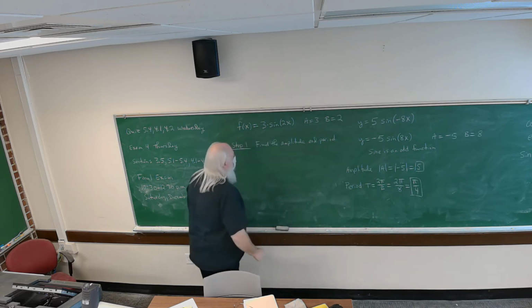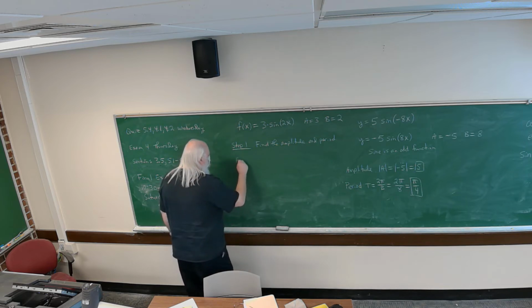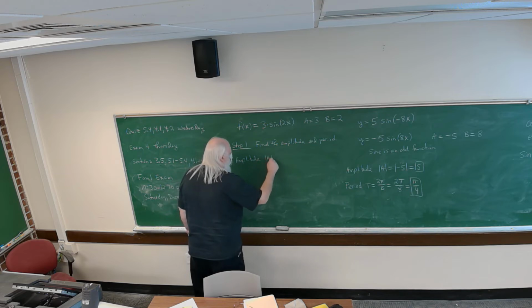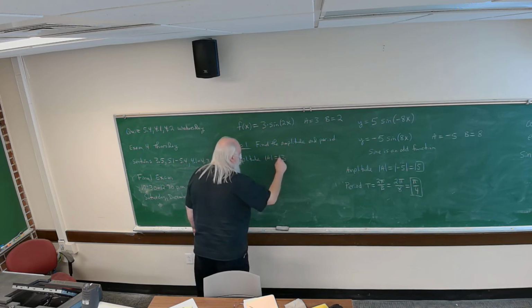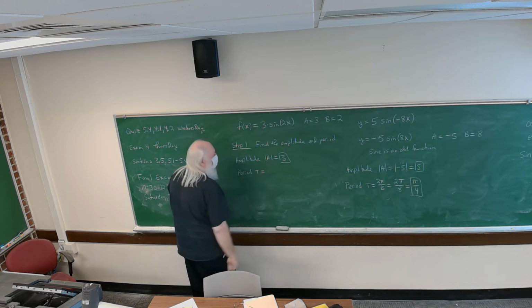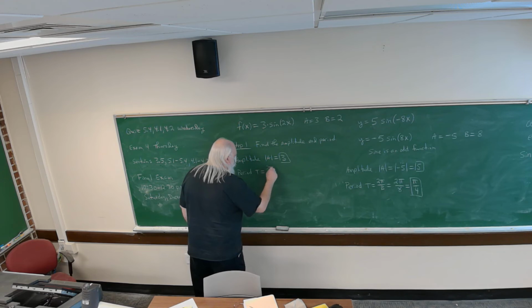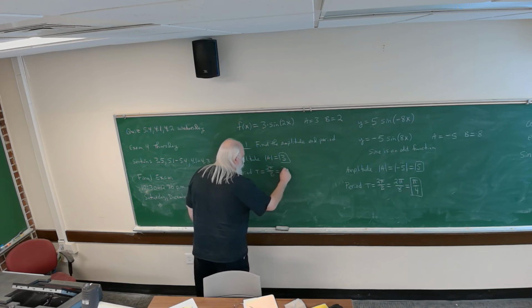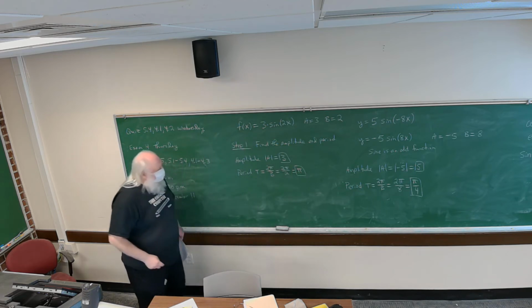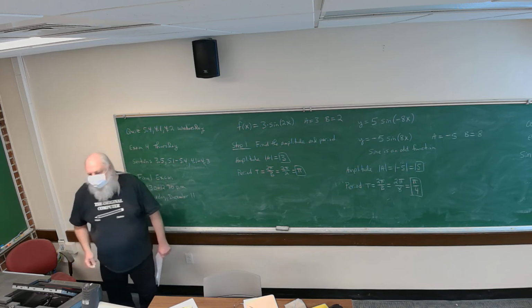Well, the amplitude is the absolute value of A, which is 3. And the period, how often the graph repeats itself, or the length of one cycle, is equal to 2 pi over B. And B is equal to 2. So one period or one cycle has length pi radians.